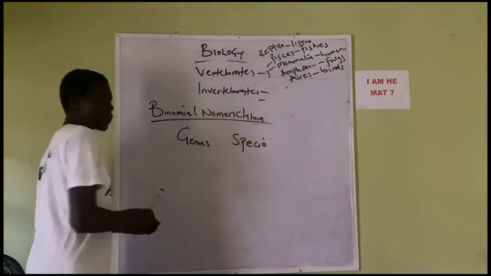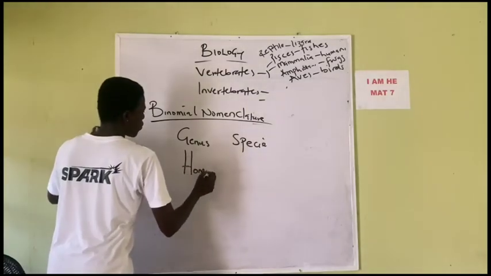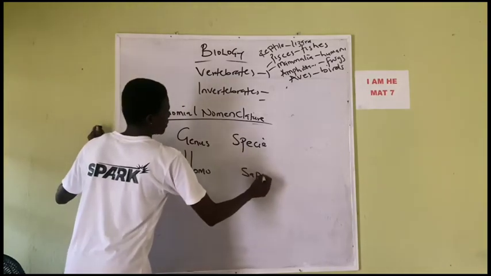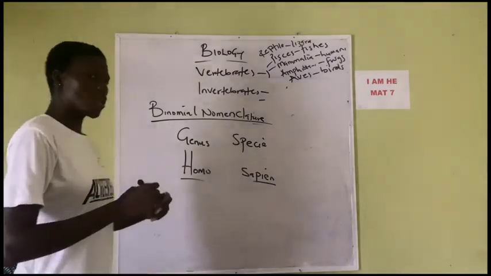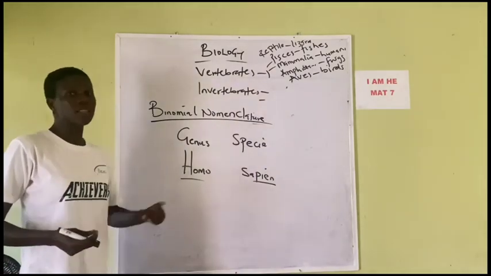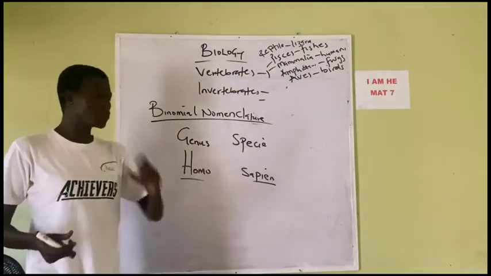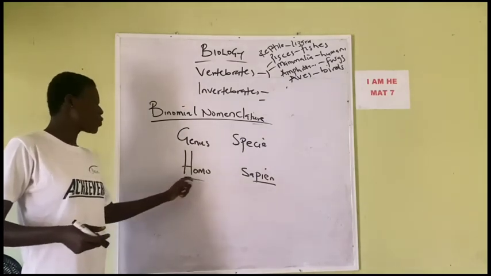For instance, Homo sapiens. This is the binomial nomenclature for humans. Take note, when writing the genus and the species name, for the genus name, the first letter starts with a capital letter.